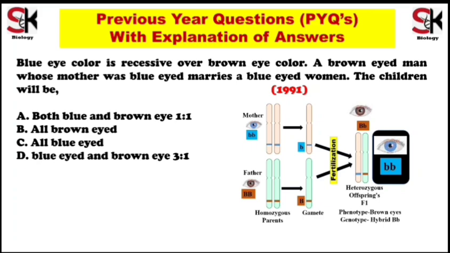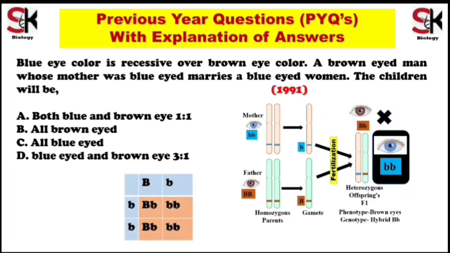And if this man is getting married to a woman with recessive alleles, the children will be shown here in the Punnett square. We can observe that half of the children will have heterozygous brown eyes and half of the children will have homozygous blue eyes. So the correct option is option A, both blue and brown eyes in 1:1 ratio.